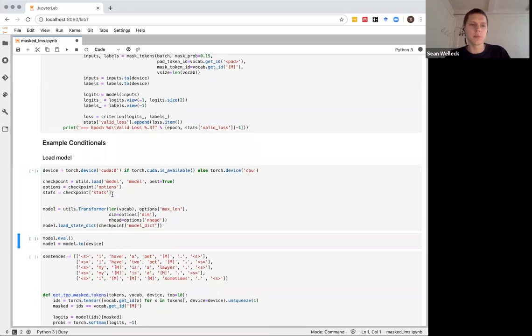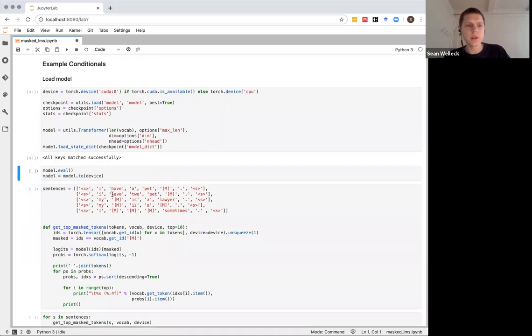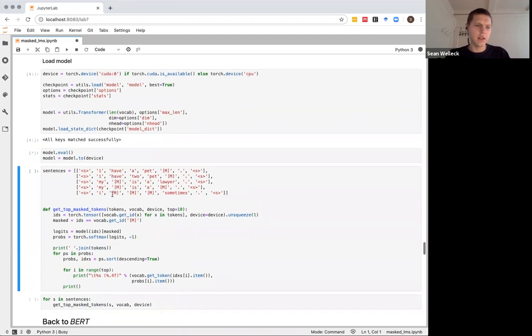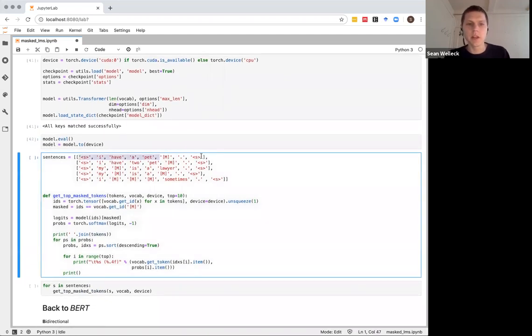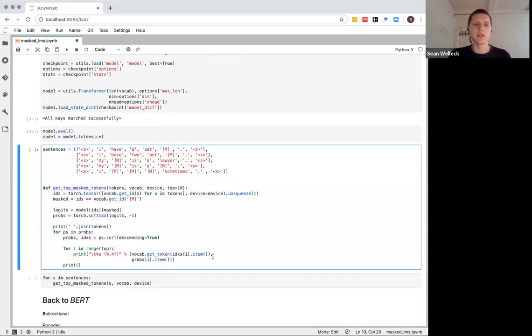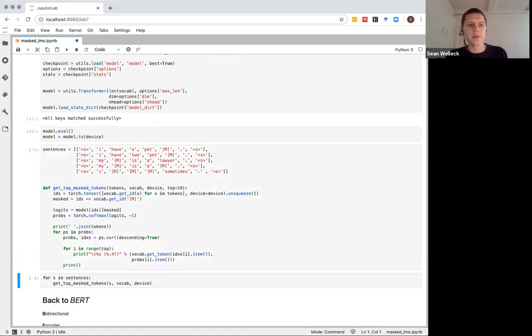So we're going to load this pre-trained model. And here what we're going to do is provide it with different inputs that are masked and look at its distribution over the masked positions, just to get a sense of whether it's learned something on this small data set. Then we'll go to a more realistic task below. Okay, so here again, we have different input sequences.